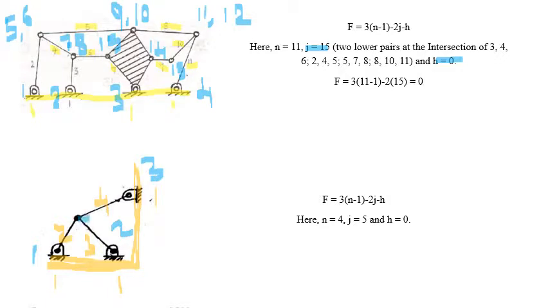So coming to this joint, it is a junction of 3 links, that is 2, 3, 4. Therefore we need to consider 2 joints, 4 and 5. Therefore j is equal to 5. And we don't have any higher pairs that is having a point or line contact, therefore h is equal to 0.